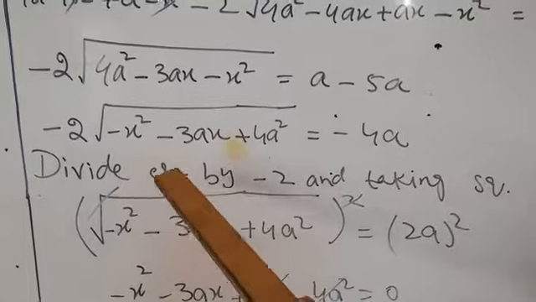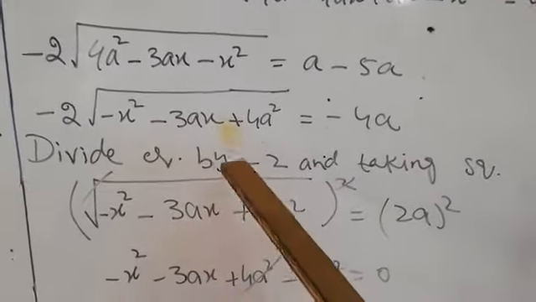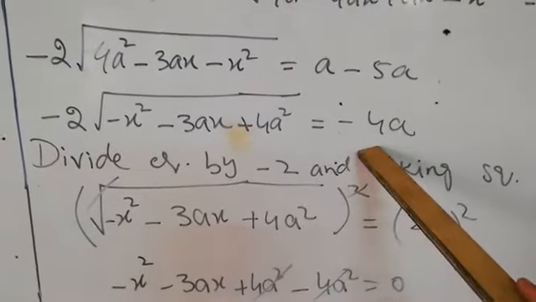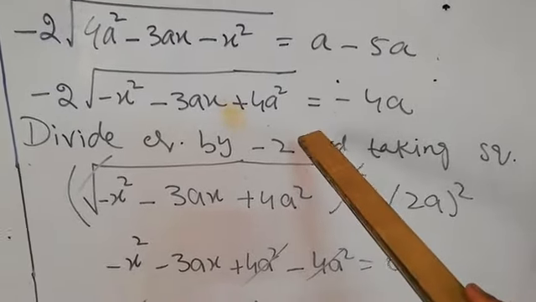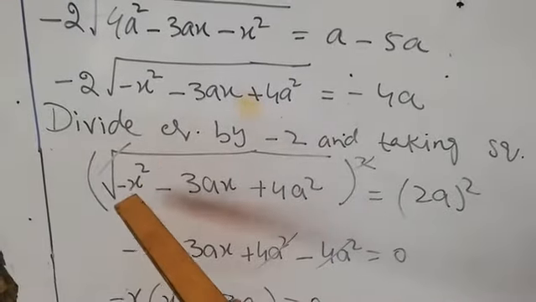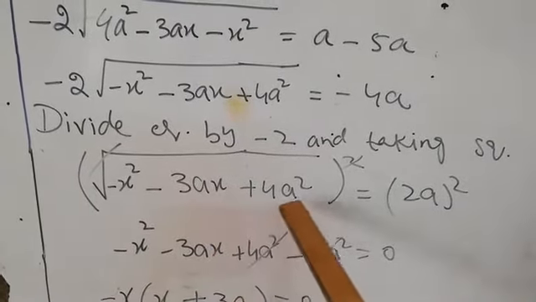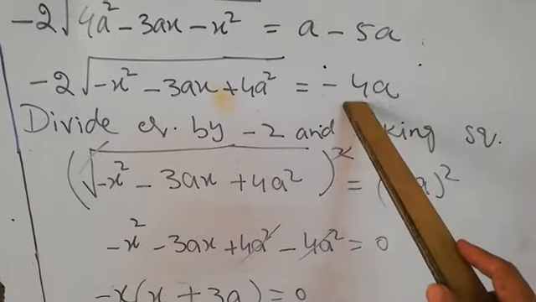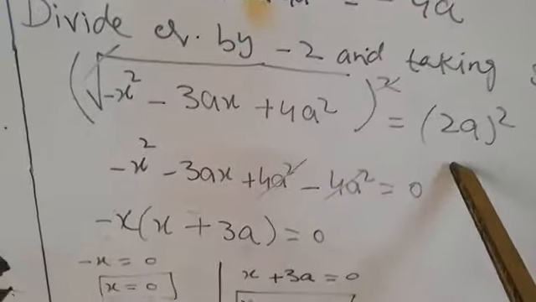In the next step we will do two steps. First of all, we will divide this equation by minus 2 and then we will take the square. So when we divide this equation by minus 2, we get square root of (4a square minus 3ax minus x square) is equal to 2a.